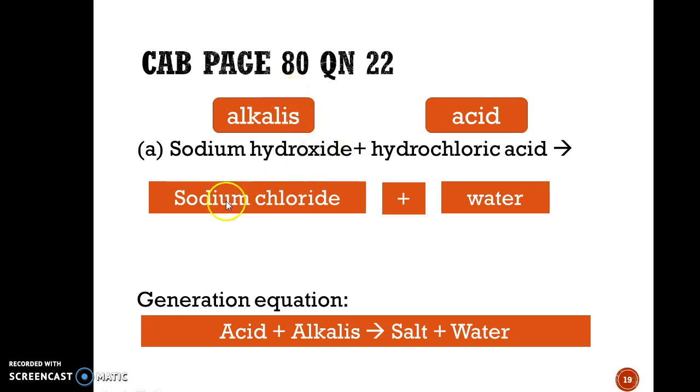So the name will be sodium chloride and water for this reaction. The name of the metal will come from the alkaline. The second name will come from the acid itself. The same practice as what you have done from the previous reaction. Now I'm going to give you some time to do part B, and then I'm going to go through the answer.